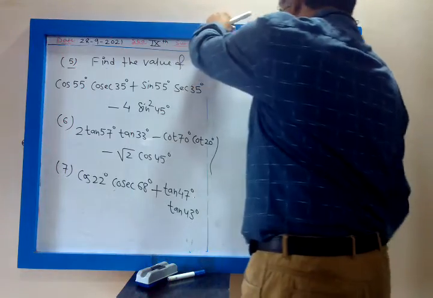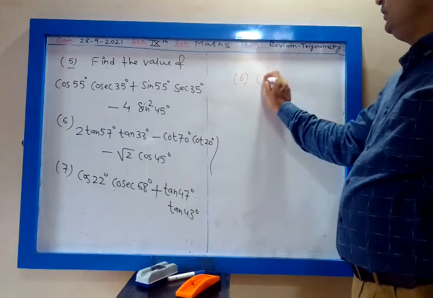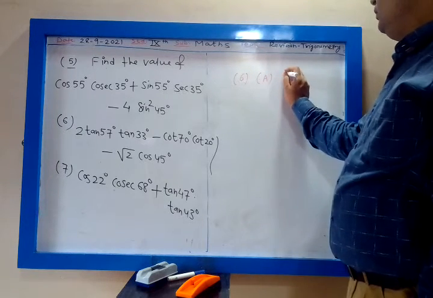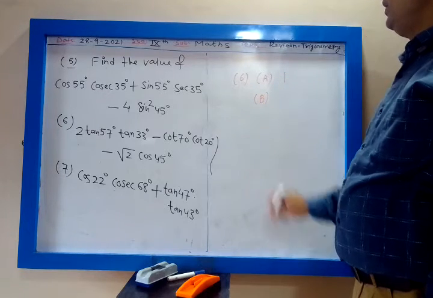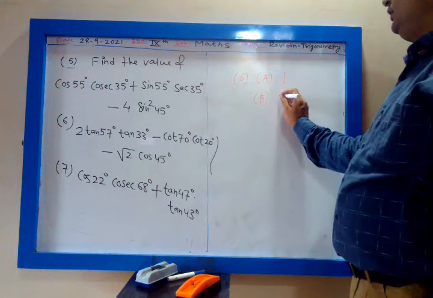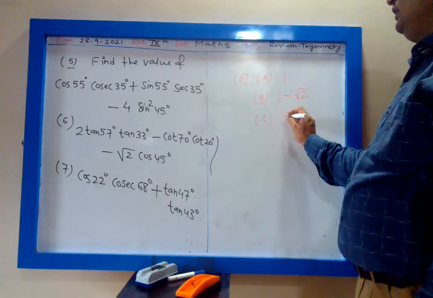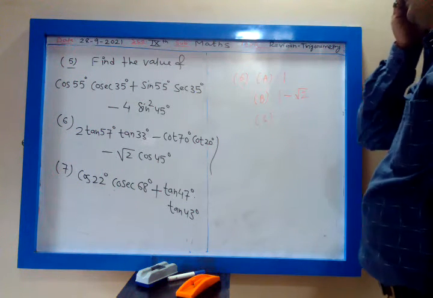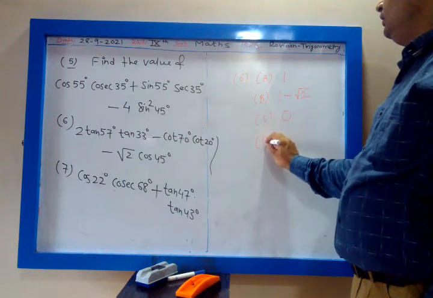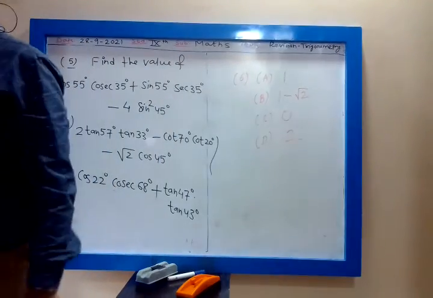Sixth question, option A is 1, B is 1 minus root 2, C answer is 0, D answer is 2. So send me the answer of option of 6 first.